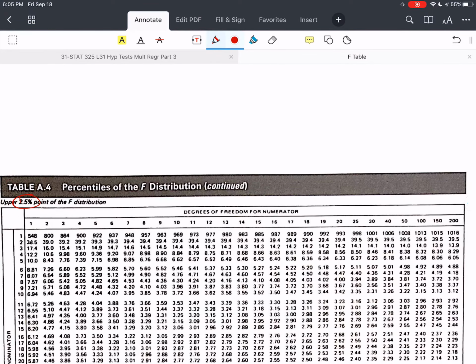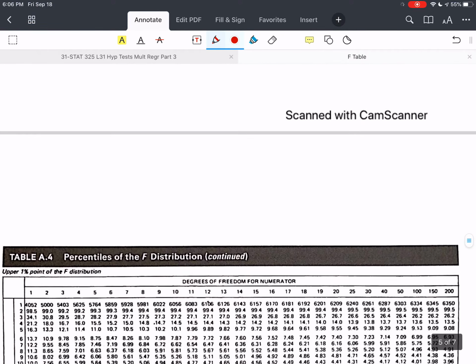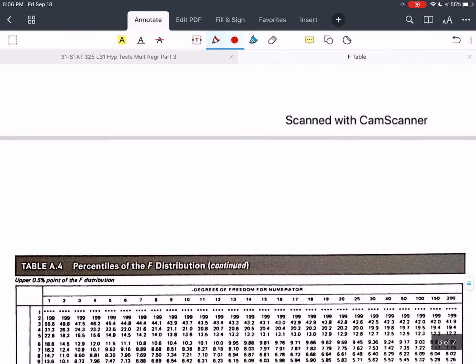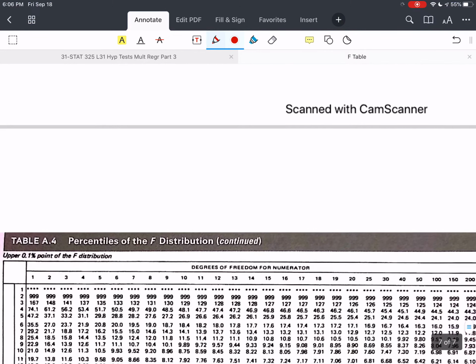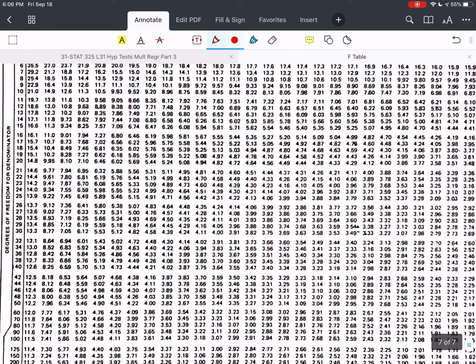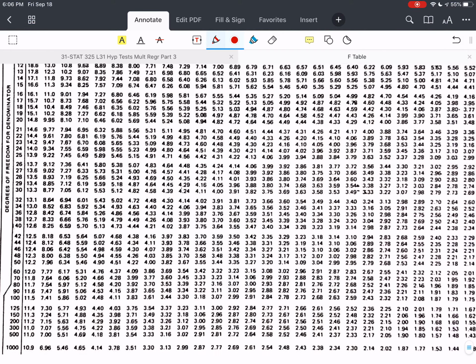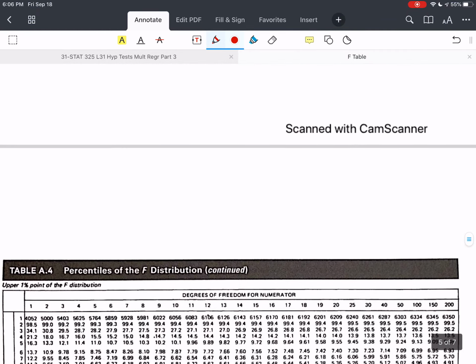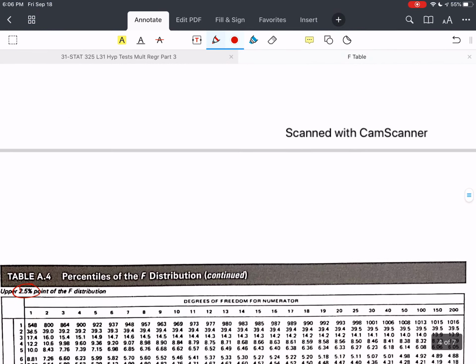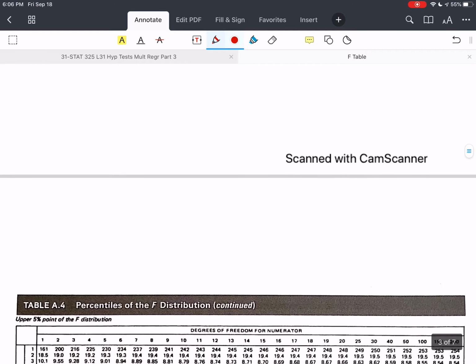I don't want that, I want the upper 5%. So let's see if I can find, that's 1%, 0.5%, 0.1%. So did I not include everything? 1%. Oh, it's up here. Good. Whew. Upper 5%.